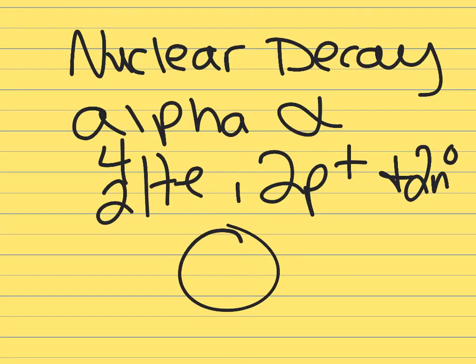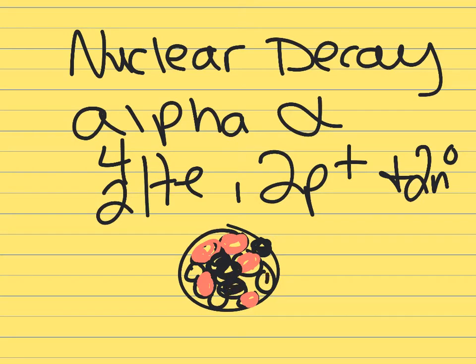So if we think about, if we've got this substance here, and these are all the protons and neutrons in there, so I'm going to make some of them red. Okay, so let's say that red's my protons and the black is my neutrons. This substance is going to break down.